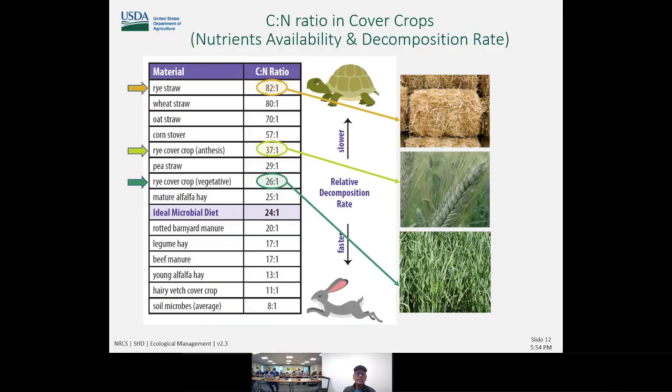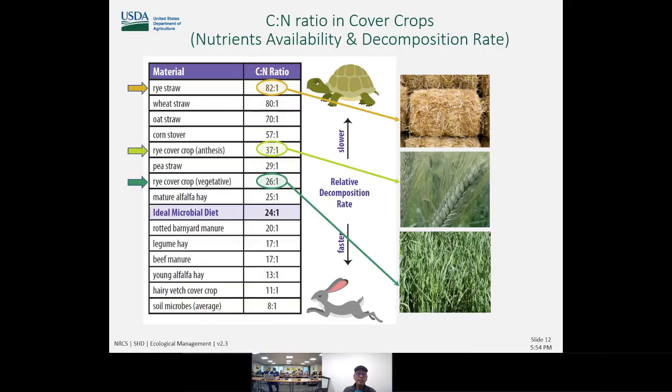As one example, you can see the rye straw carbon to nitrogen ratio is 82:1. And at the anthesis stage, the rye cover crop has a carbon to nitrogen ratio of 37:1.